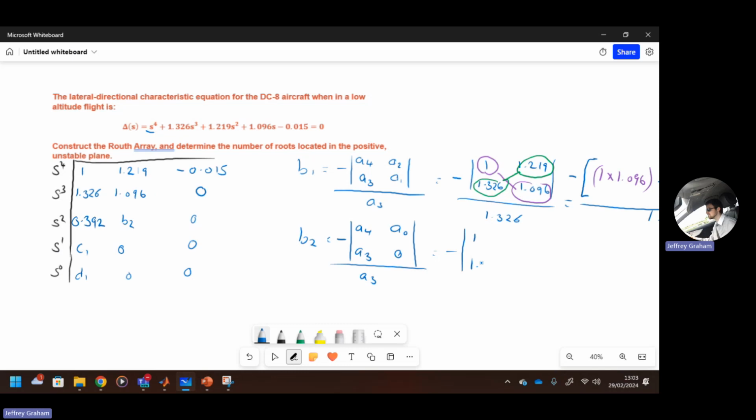So it's 1, 1.326, minus 0.015 on top, 0 on the bottom, with 1.326 the divisor.